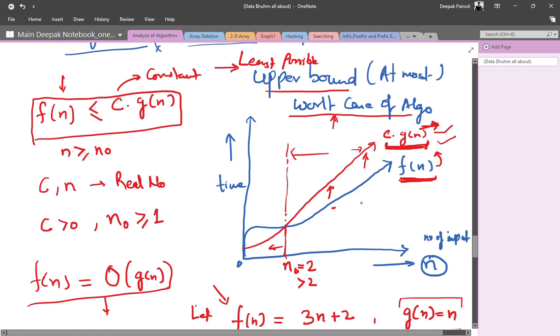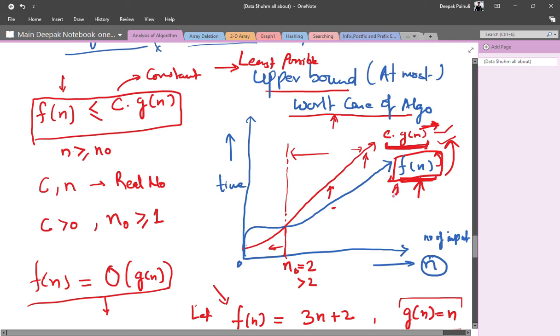We want to find a function for the defined function of the algorithm, which is f(n). For f(n) we want to find a new function which will upper bound our basic function in hand, which is our algorithmic function.